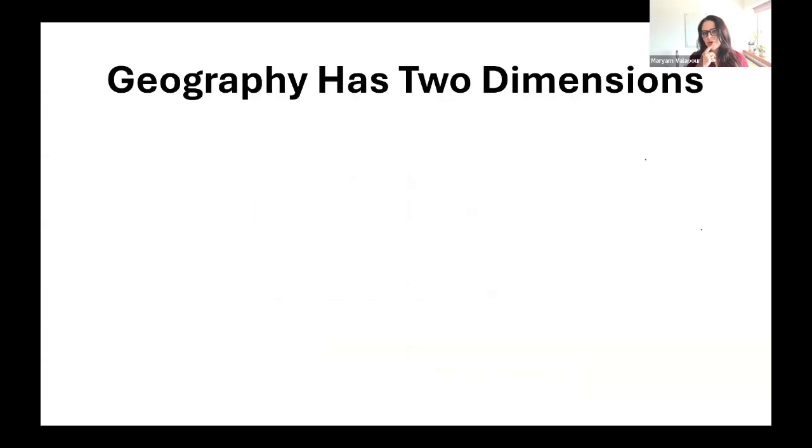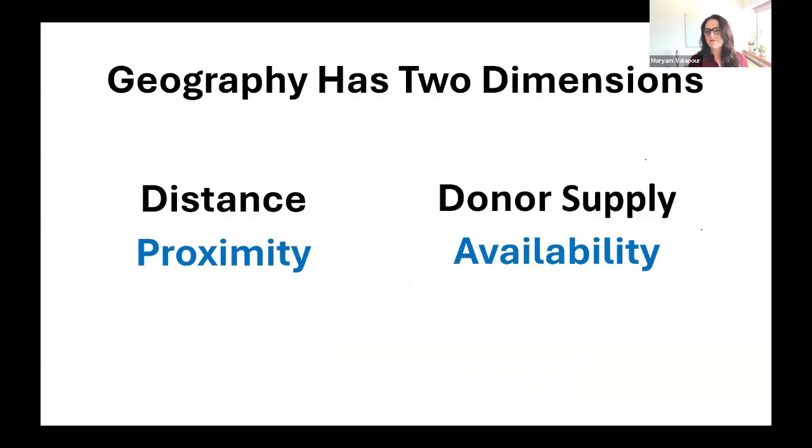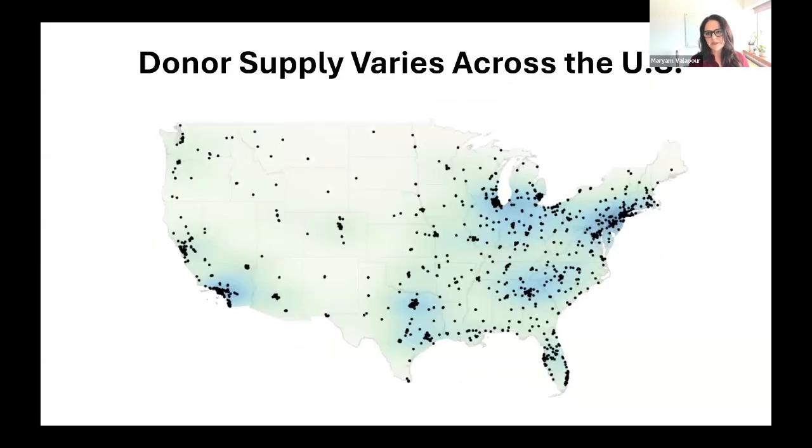When we think about geography and organ allocation, we often think about distance. Distance tells us about proximity, but geography has another dimension as well, donor supply, and that tells us about availability. The figure that I'm showing you here shows the geographic distribution of deceased donor lungs across the United States.